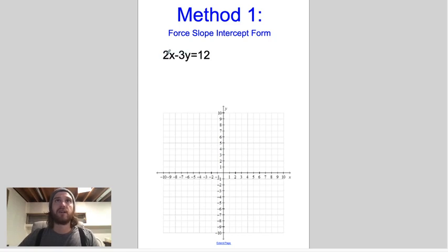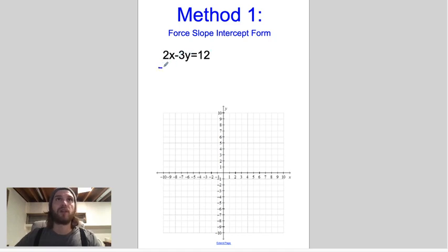Now, when you look at these numbers, there's a way to detect that these numbers kind of have meaning, but not directly to the graph. So slope-intercept is so nice because the slope and the intercept have meaning on the graph, right? So we're going to try and get the equation to be in that form.